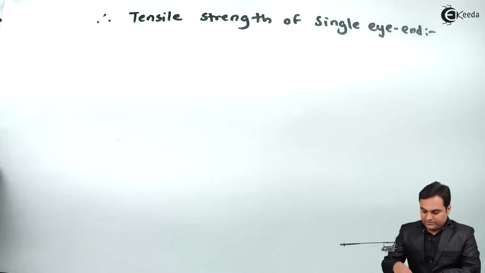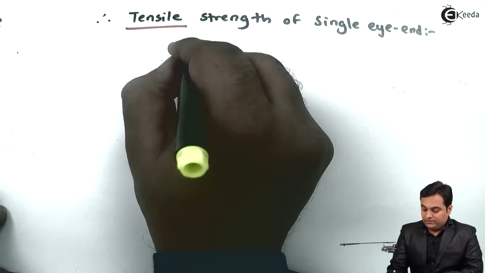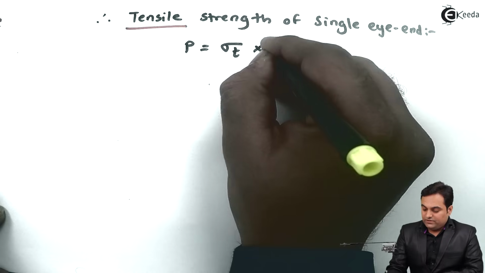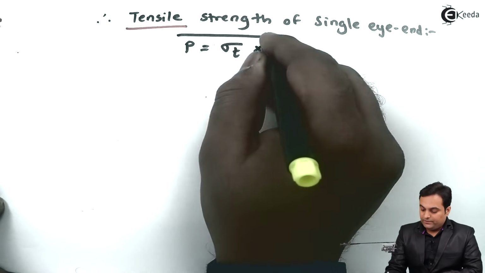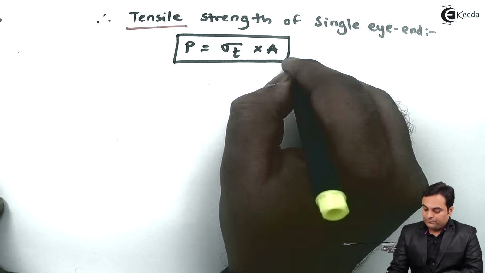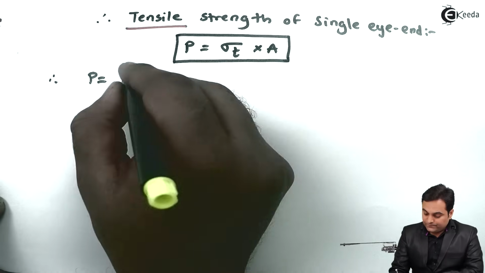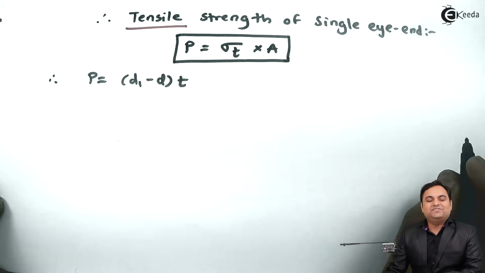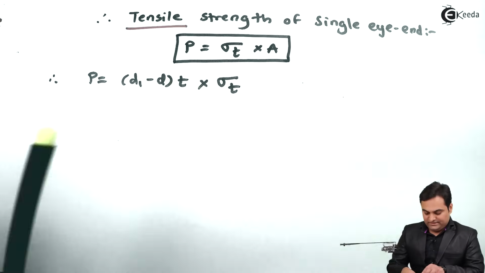as we are considering tensile strength, which is the load carrying capacity, it will be stress, tensile stress into area, because tensile strength we are trying to get. So therefore P will be equal to the area, which is (D1 minus d) into t, we have calculated the resisting area, multiplied by the tensile stress.